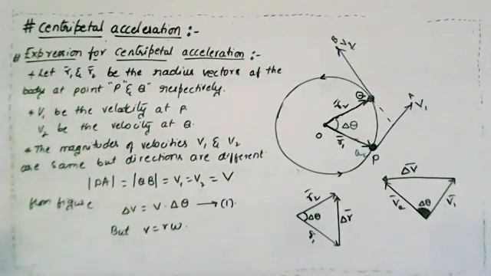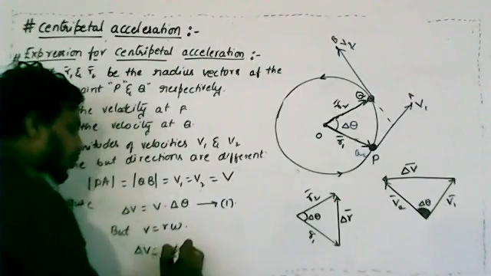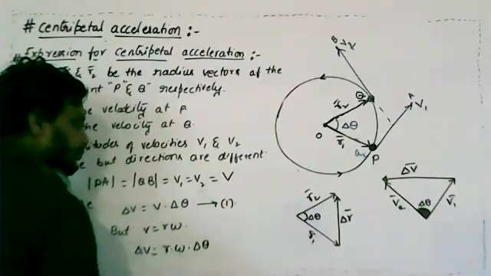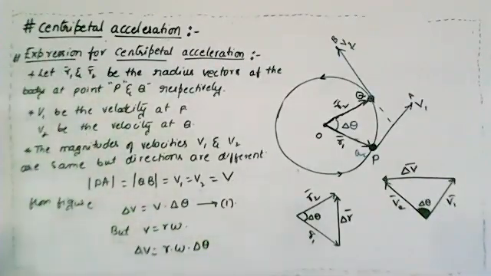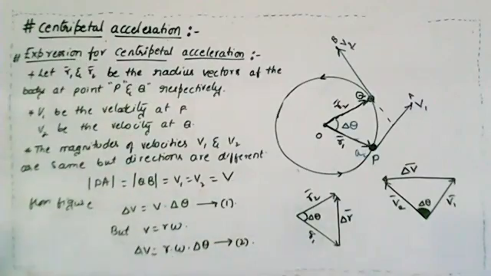If you substitute v equals r omega in equation number 1, we have delta v equals r omega into delta theta. I will take it as equation number 2.